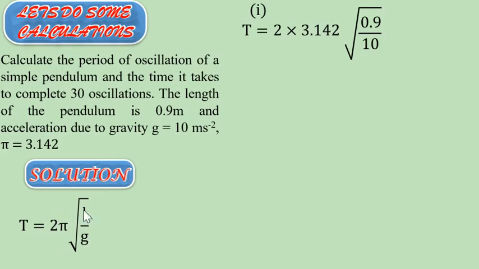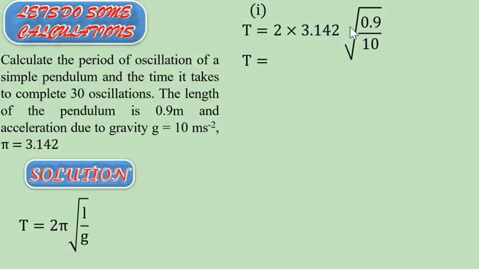Now that we have made the correct substitution, the first mark in marking calculations in physics is the formula with the symbols explained. Number two is correct substitution into the formula. Then the third point the examiners will be looking for is the evaluation of this to get the correct answer with unit. If you take your calculator and take 0.9 divided by 10, that will give you 0.09.